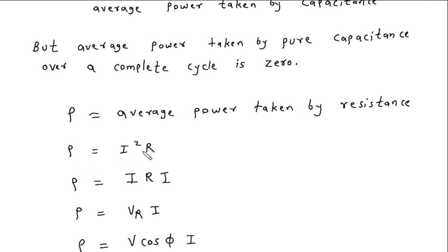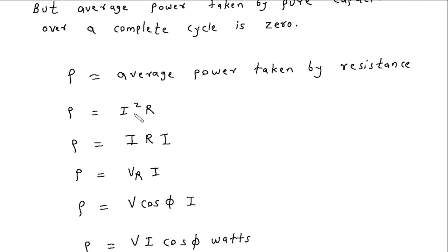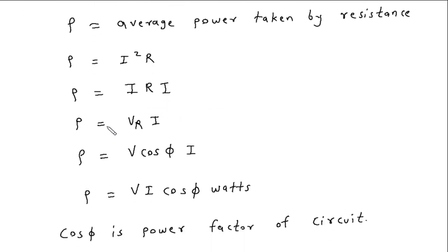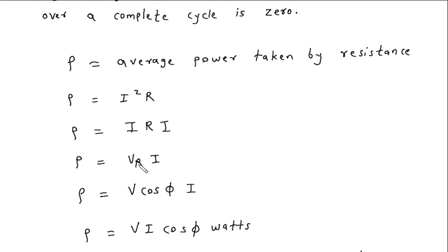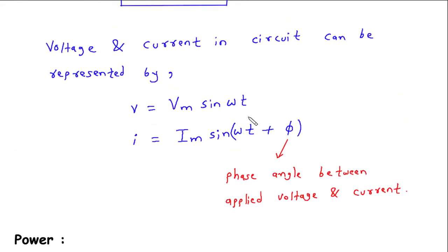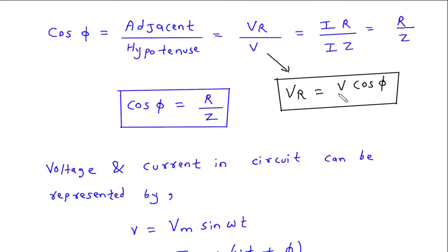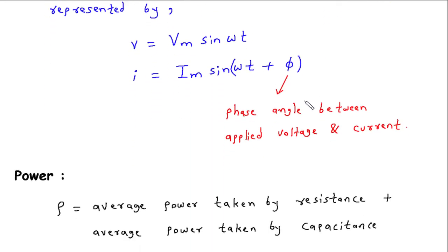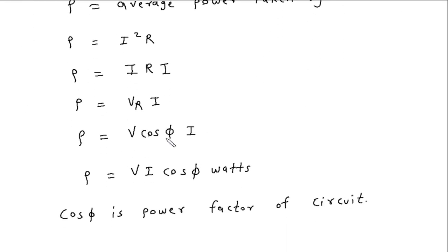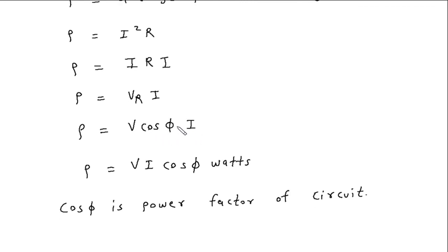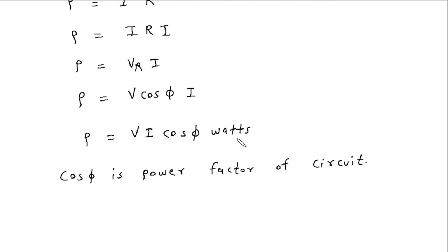P is equal to I square R. Now if we separate this, P is equal to IR into I. We can replace this IR by VR, so VR into I. Now this VR can be replaced by V into cos phi. So V into cos phi into I. So power is equal to VI cos phi watts. The unit of power is watt. Cos phi is the power factor of the circuit.